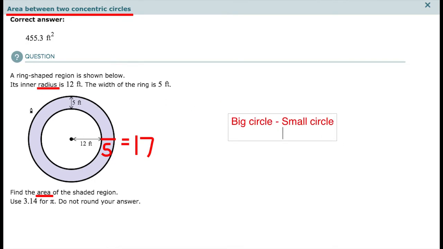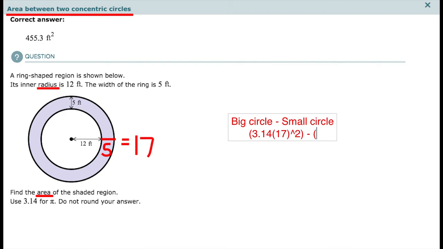So the area of a circle is pi, which they want 3.14, times the radius. Remember, the radius of the big circle is 17, squared, to the power of 2. Make sure you do all of that as one thing, so I'm going to put it in parentheses to remember that. And then subtract the small circle.